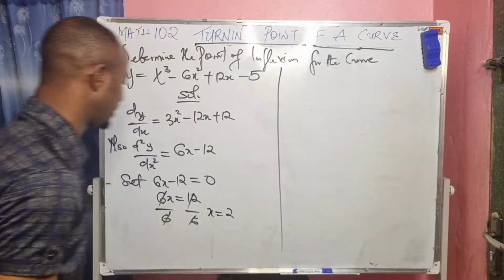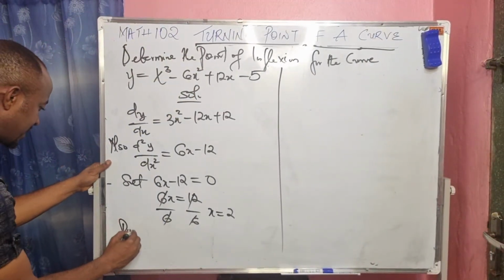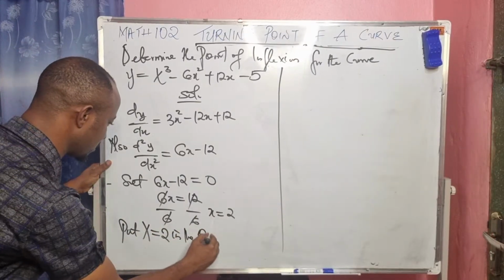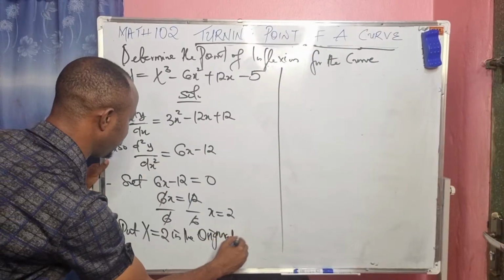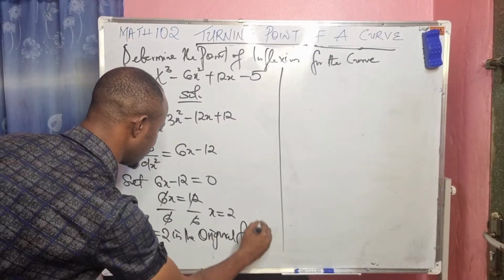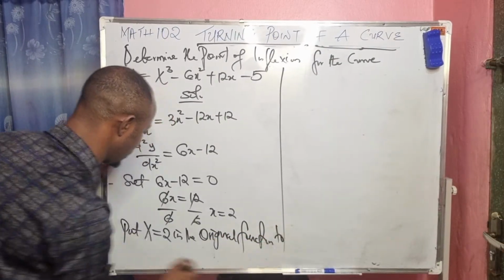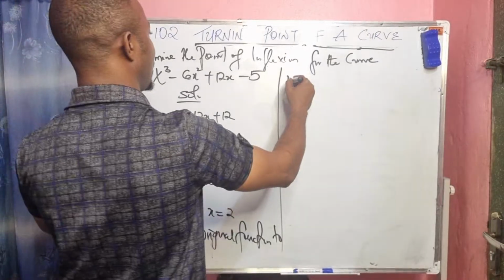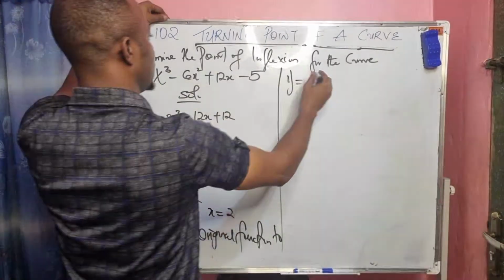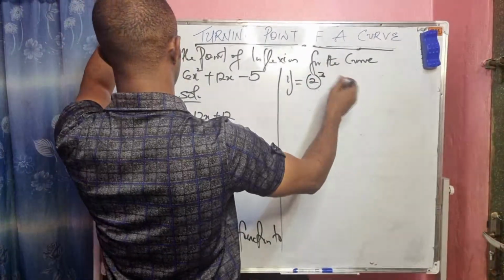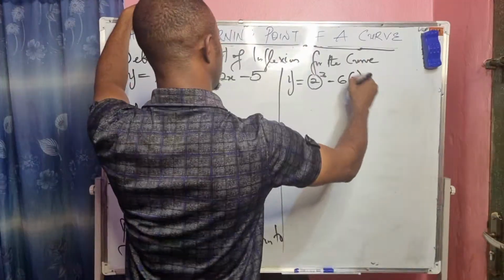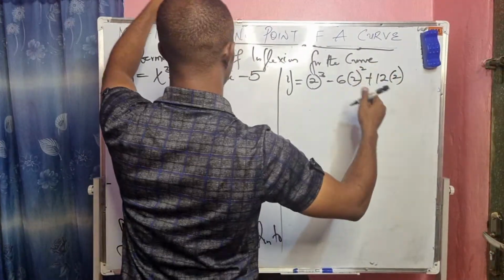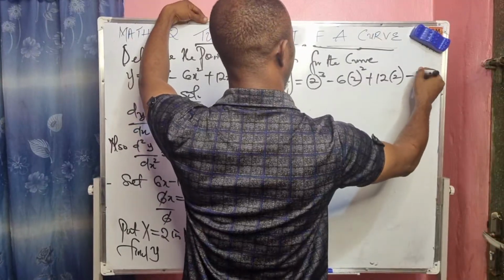Okay. Now the next is to put x equals 2 in the original function to find y. That will give us y equals 2 to the power of 3 minus 6 times 2 to the power of 2 plus 12 times 2, minus 5.